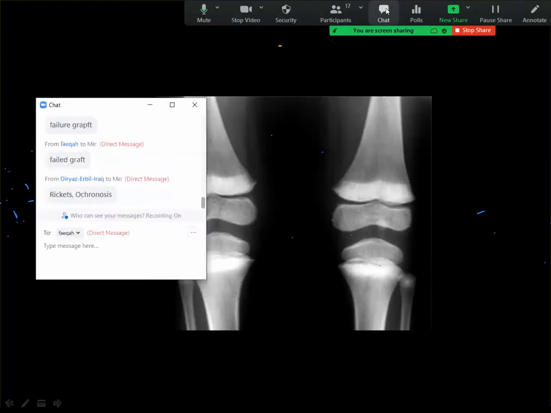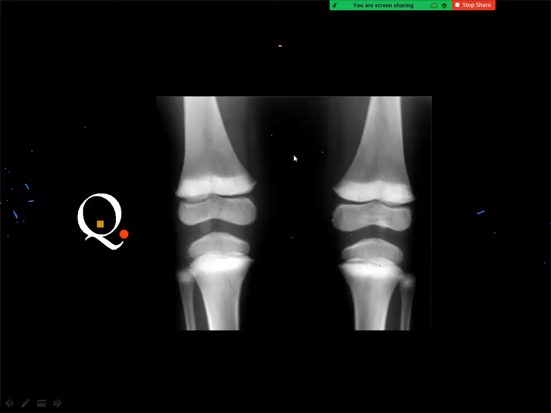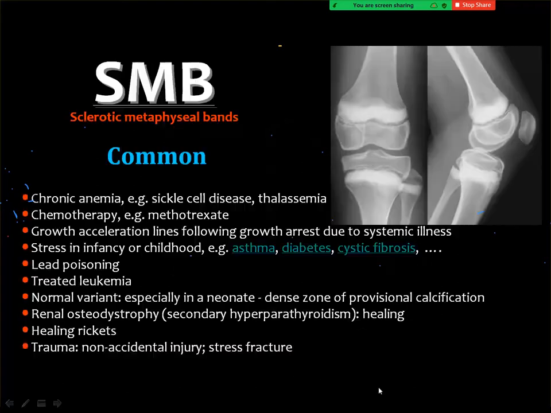Yeah, rickets, ochronosis, healed rickets. Okay, and this case was proved to be sclerotic metaphyseal band secondary to lead poisoning.